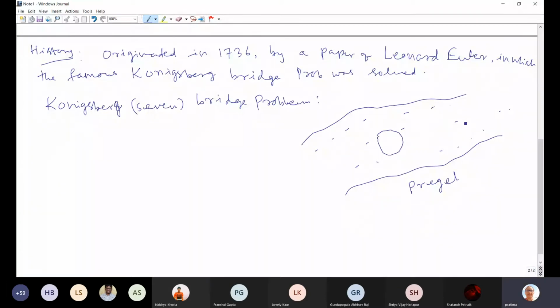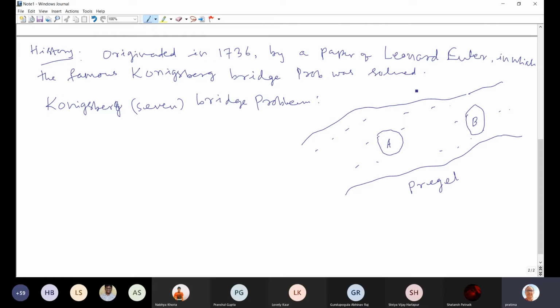In this river there were two islands. Let us name these two islands A and B. These two islands were connected with the banks of the river.